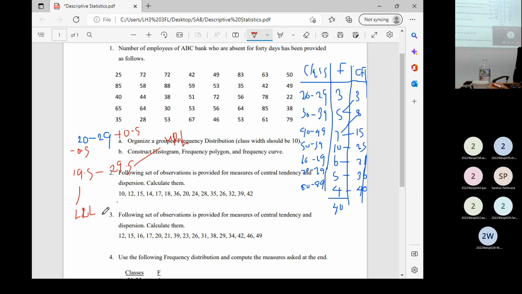The practical limits will be the real limits. Right? Because 29.5 is the upper real limit of this class, and when you subtract 0.5 you get the lower real limit of the next class, then both are the same. Right, then another term is there, mathematical limits. That is to identify only. Mathematical limits.